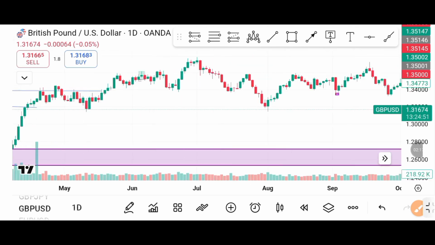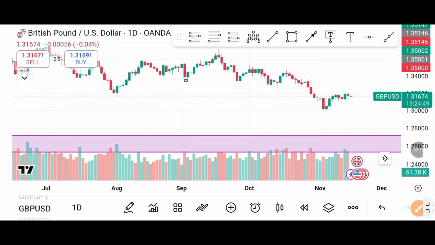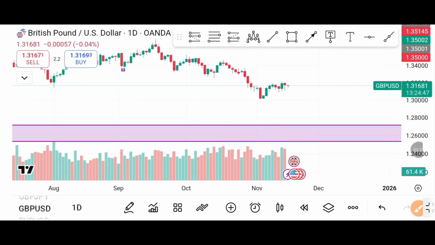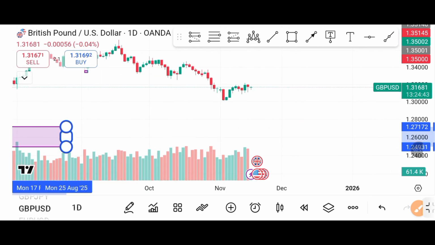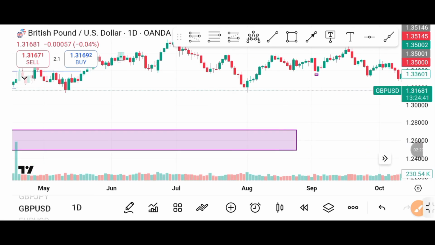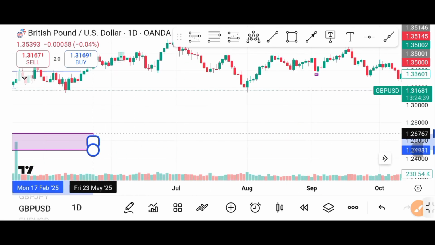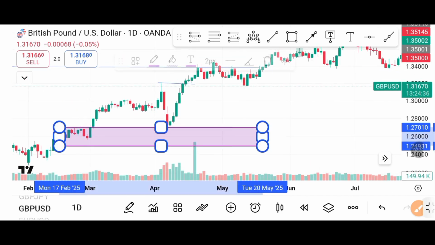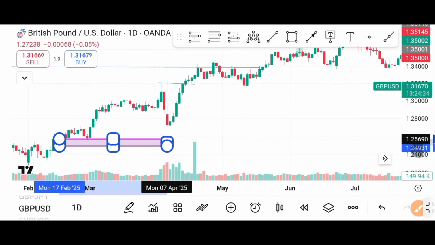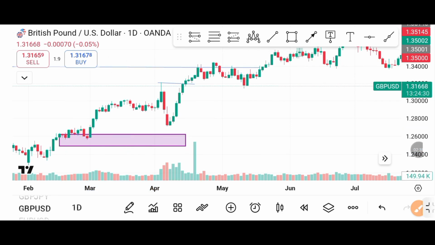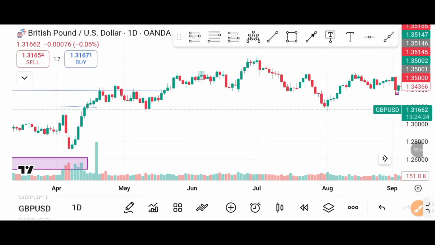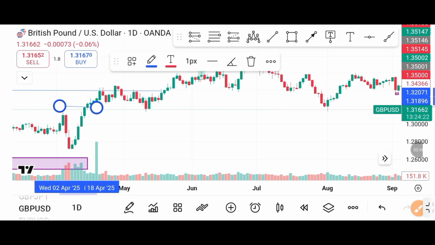But then what we can do at this point is to refine our areas, refine the levels we marked out and see if we can have a new entry. So this level, we marked it out on the weekly time frame, so we just keep it here, right? Price is yet to mitigate it, but let's just have it in mind that price might react to that area. But then on the daily time frame, this is the area I'm seeing.